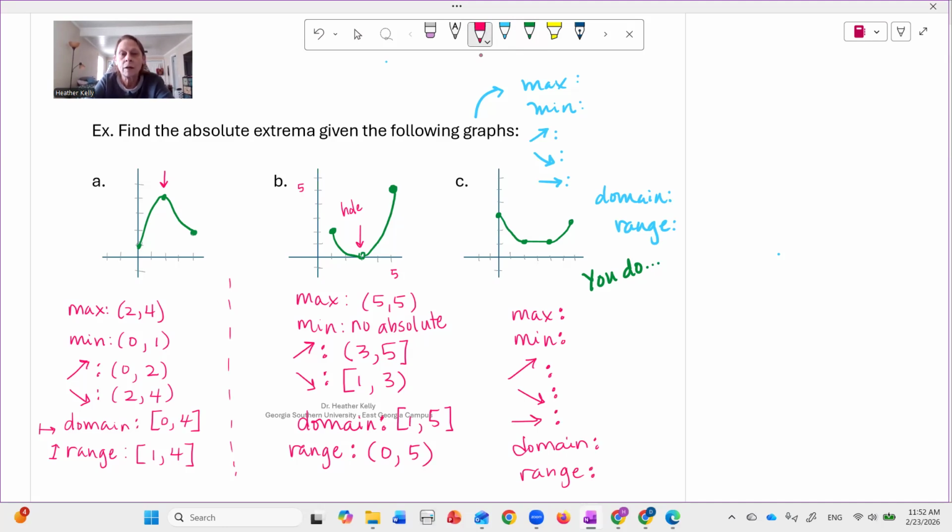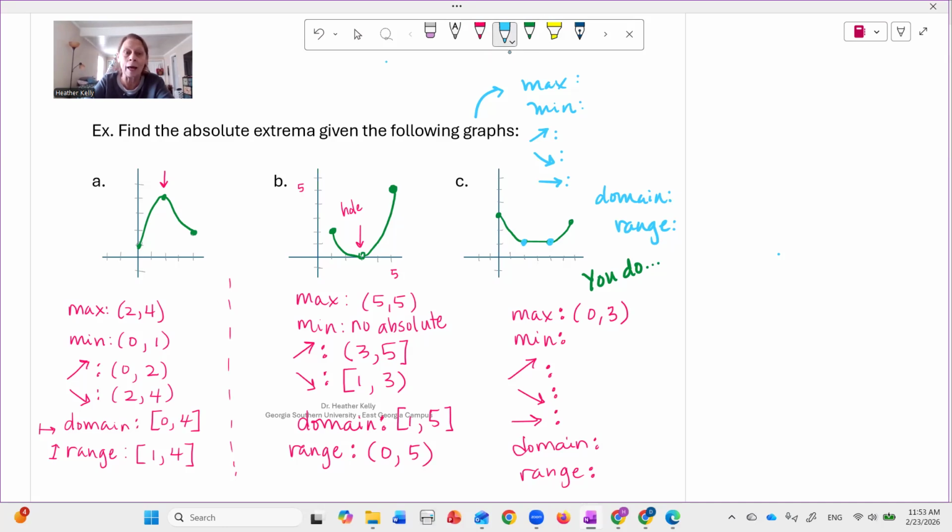Okay, well, let's talk about it then. You should be done by now. Our max is (0, 3). Now, our min, you should have been a little bit perplexed by the min because you see there's 2 of them. And in fact, there's an infinite number of them in between. So there is no min because there's infinite x values in between those two.